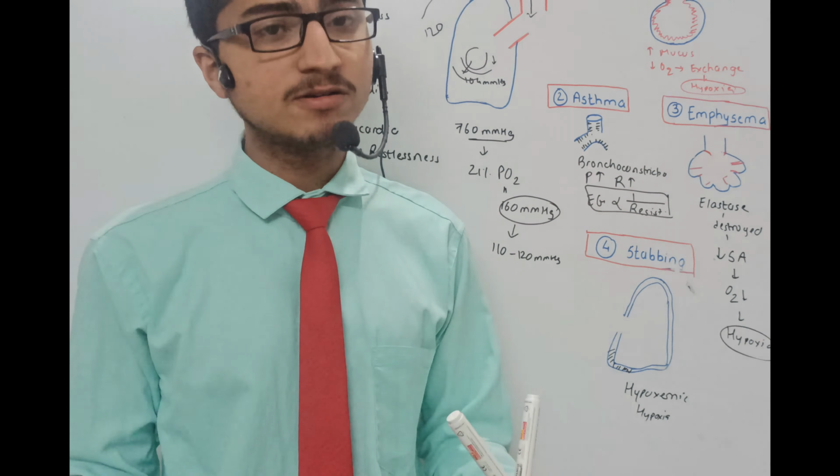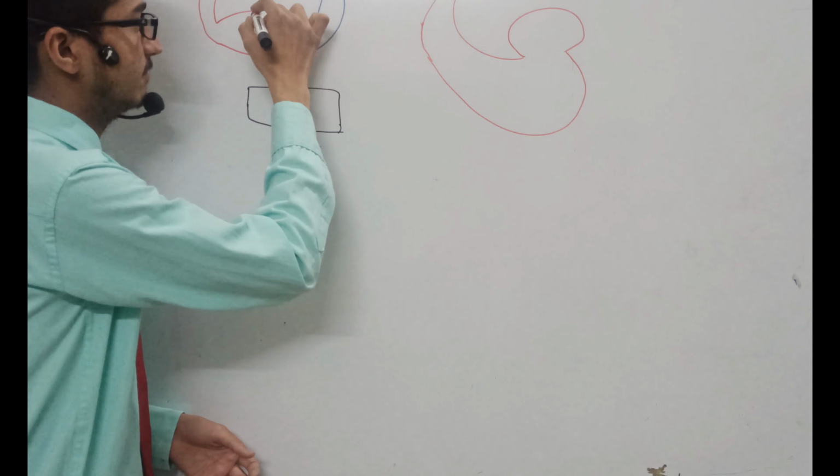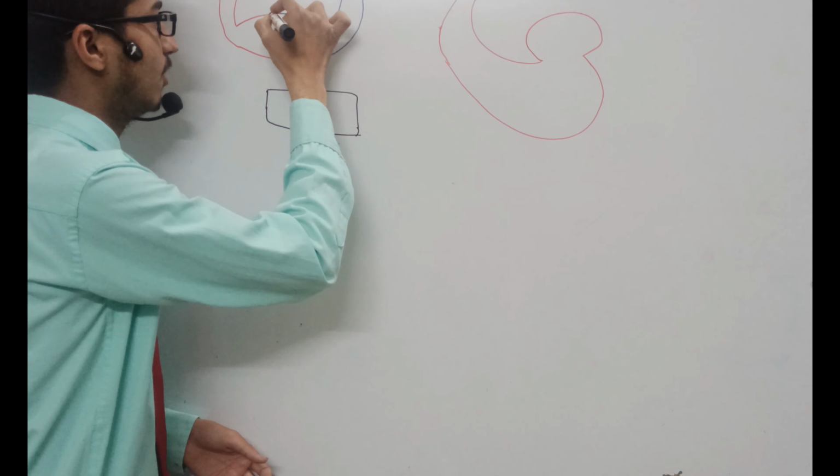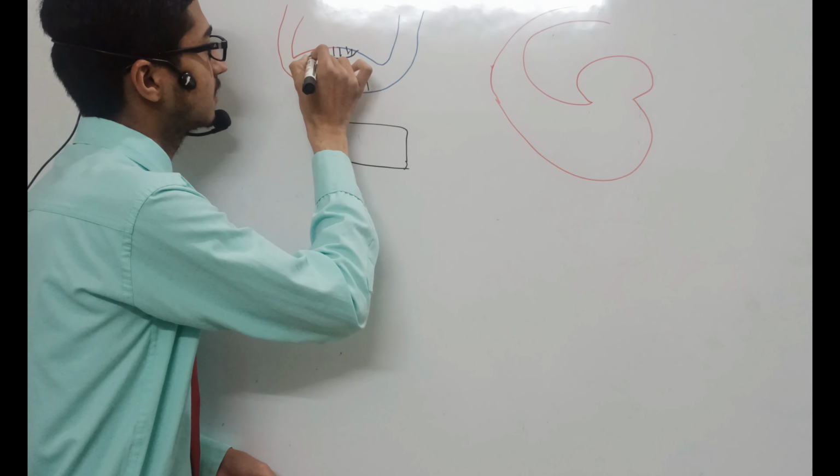So another type of hypoxia, that is ischemic hypoxia. Now what happens in ischemic hypoxia? So this is an artery and this is a vein. Let's suppose due to some reason there occurs a formation of thrombus here, or some emboli comes and obstructs the pathway. What happens?